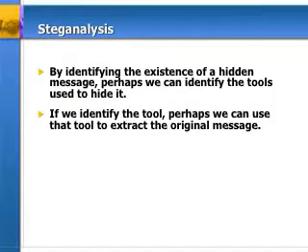So one of the ways it's meaningful is that identifying the existence of a hidden message can perhaps identify tools. There are some steganalysis tools that will tell you the exact program used to do the steganography. If we identify the tool, perhaps we can use that tool to extract the original message.